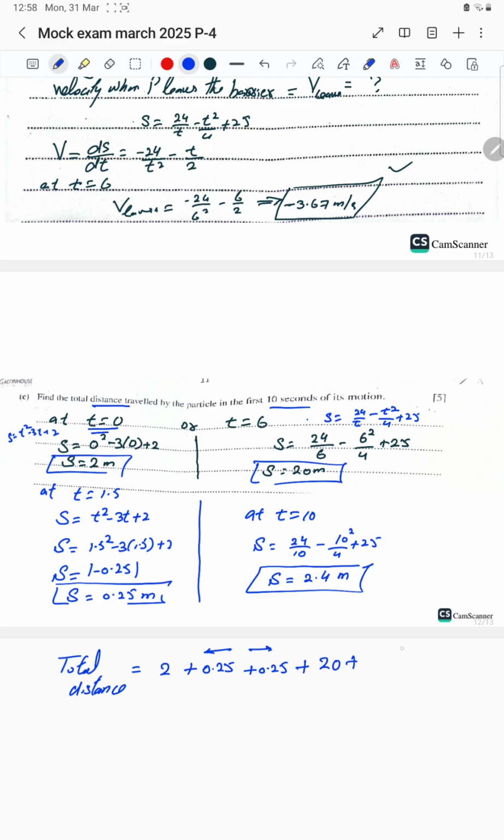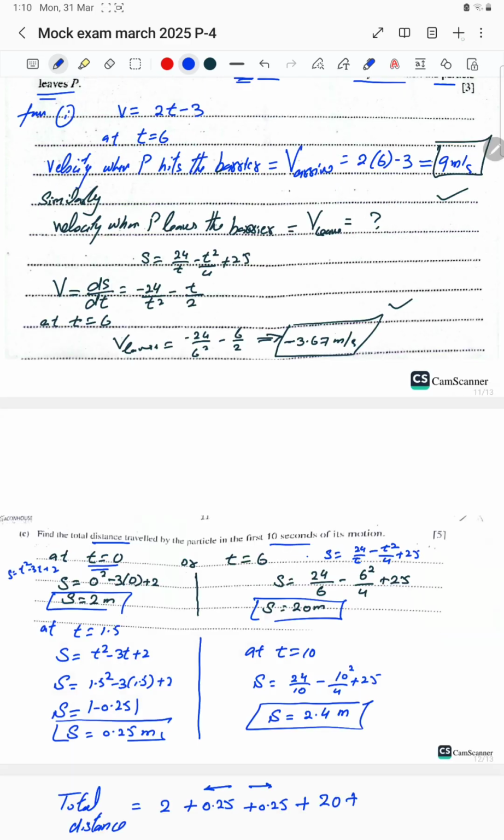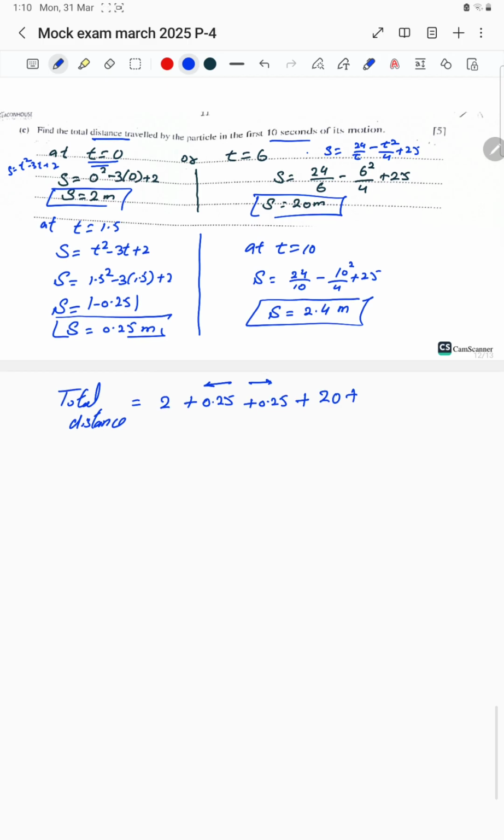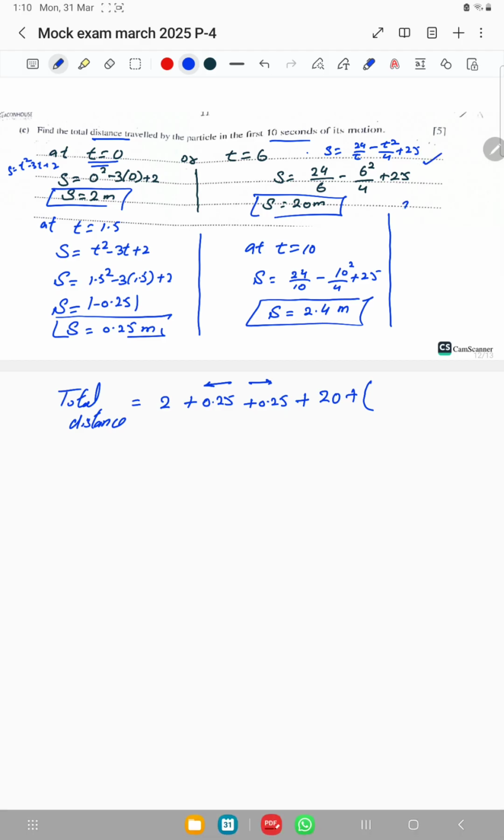Because we have to find the distance for the first 10 seconds, here we need to calculate a little more. 10 seconds goes for this case.